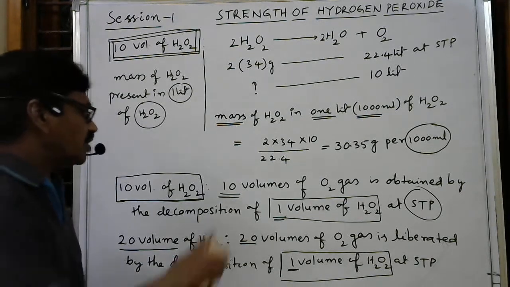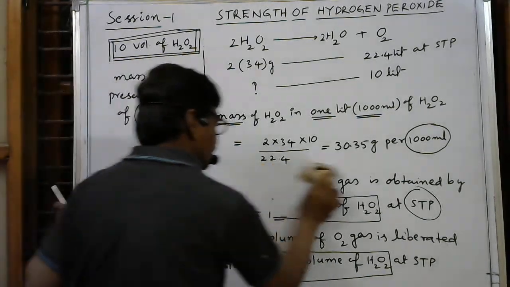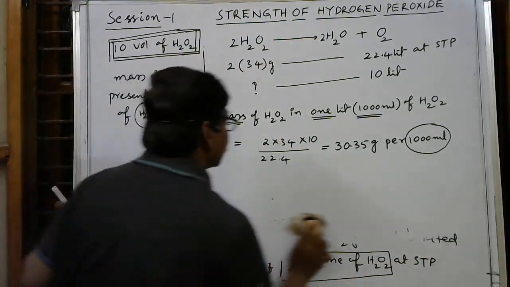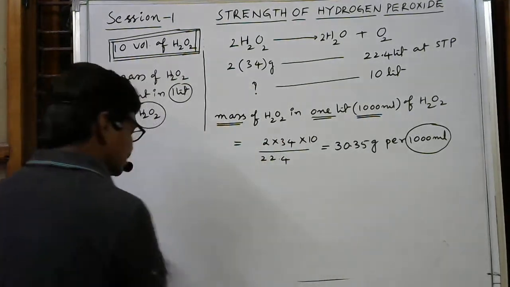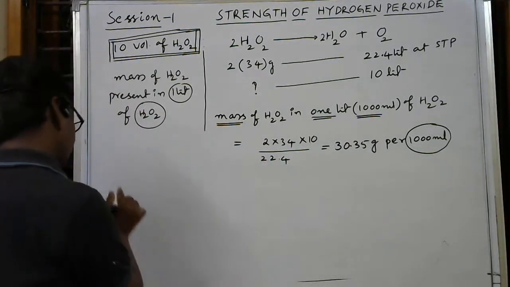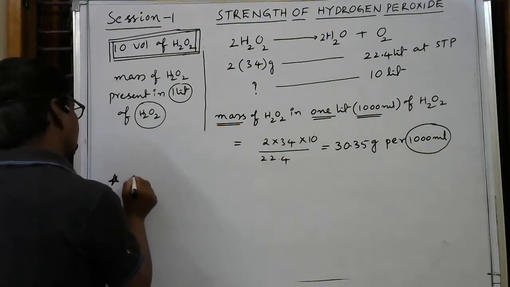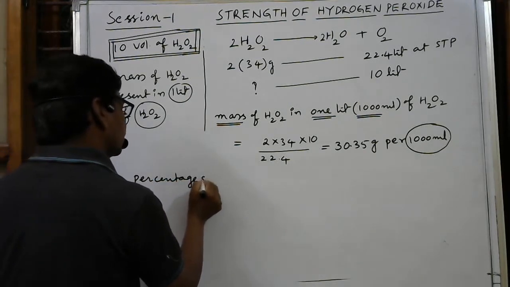Now, by using this, first I want to find the percentage strength of hydrogen peroxide. In the last screen we discussed percentage strength.